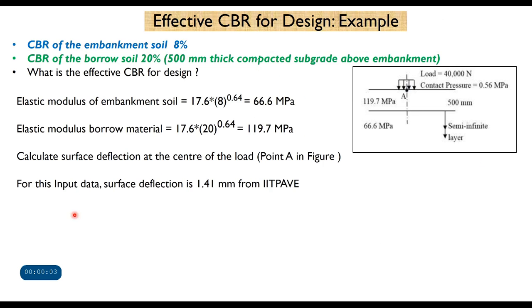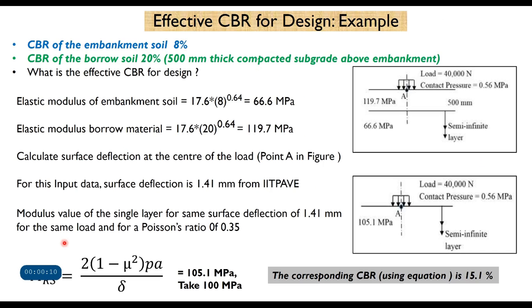Now the surface deflection as calculated from IITPAVE is 1.41 millimeter, and when you put this value in this equation and calculate MRS, that is 105.1 MPa. So this structure is now equivalent to this structure, where you have a semi-infinite layer of elastic modulus value 105.1 MPa.